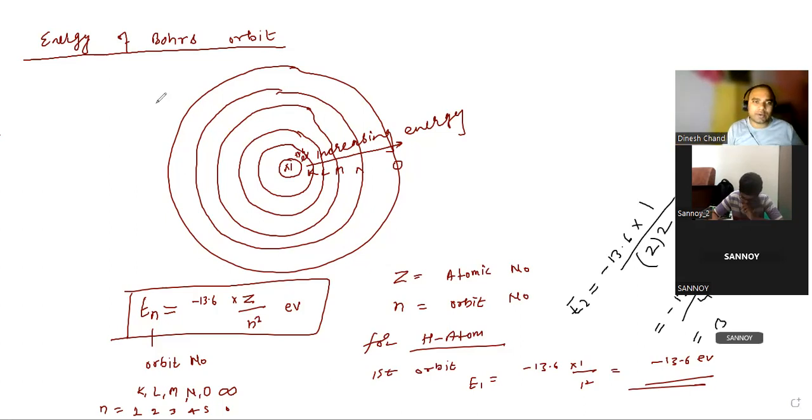Sanoy, here it is Z square, not only Z. If you put 1 square, it will be the same. Please put Z square.